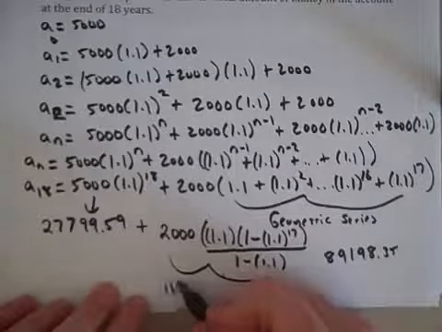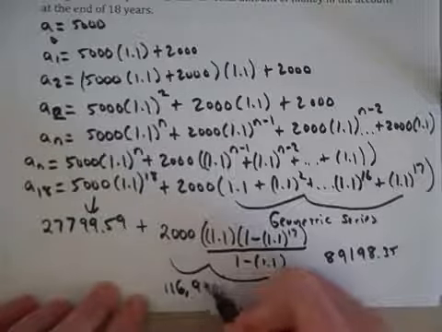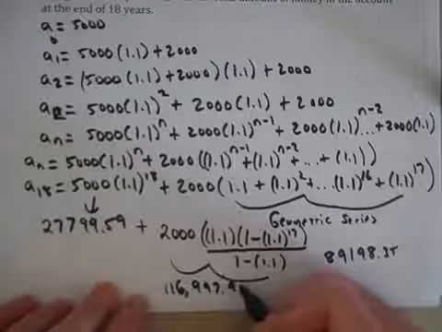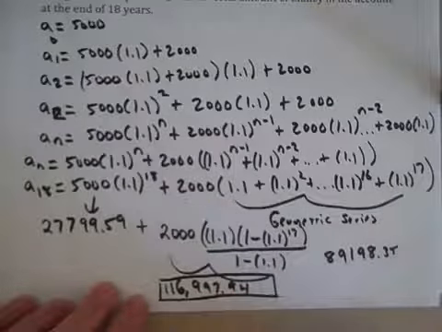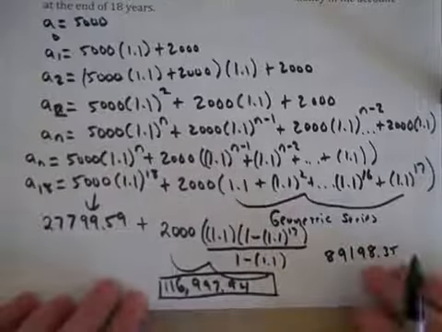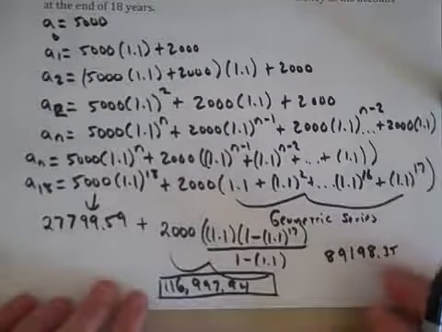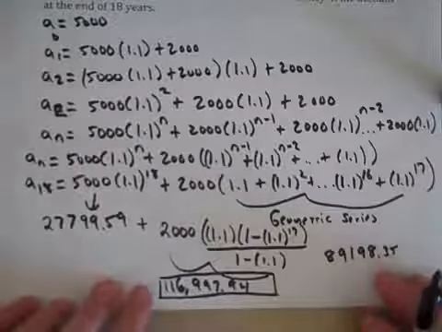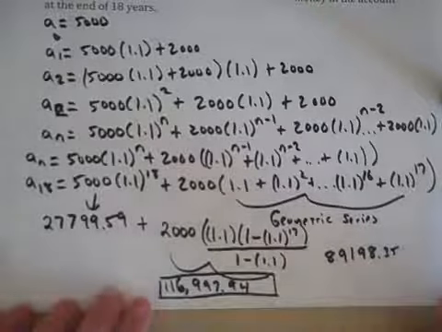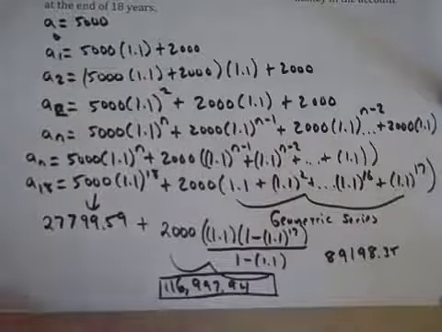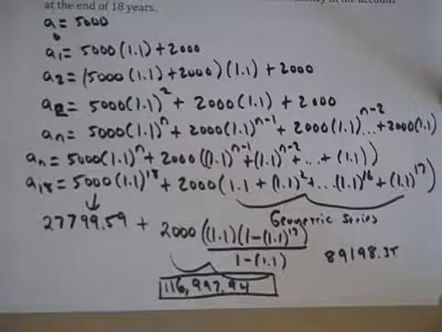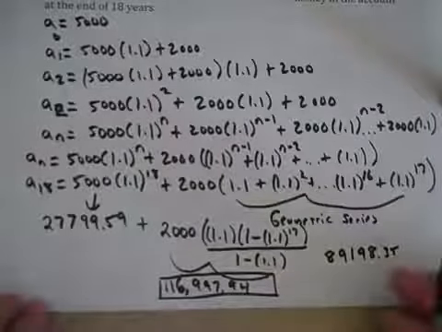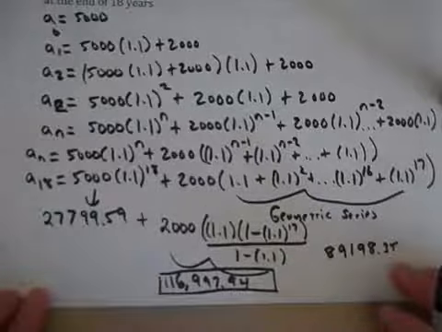So the total balance is $116,997.94. Although it's sort of unrealistic that you're going to be getting 10% interest. But who knows? Okay. Tough problem.